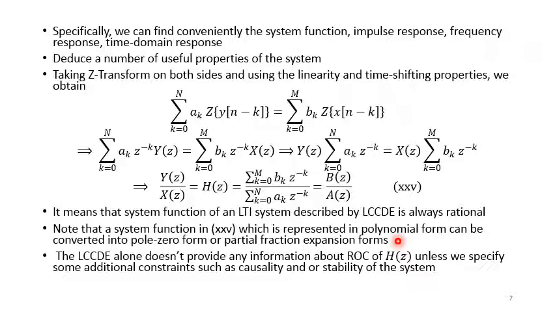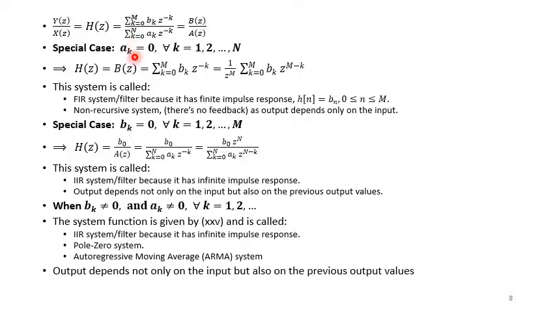The important thing is that this linear constant coefficient difference equation alone does not provide any information about the ROC of H(z) unless we specify some additional constraints such as causality or stability of the system. So we'll quickly finish these. I hope this expression you understand.